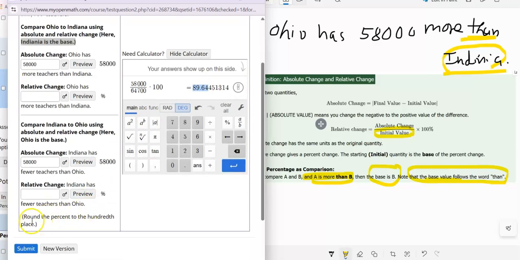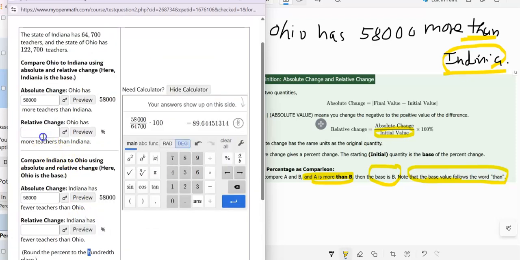Remember the instructions say round to the nearest hundredth of a percent, which is 2 decimals, so you get 89.64. So we say Ohio has 89.64% more teachers than Indiana, correct?